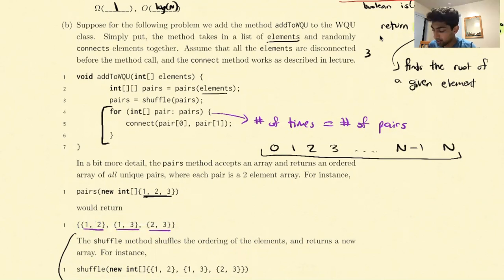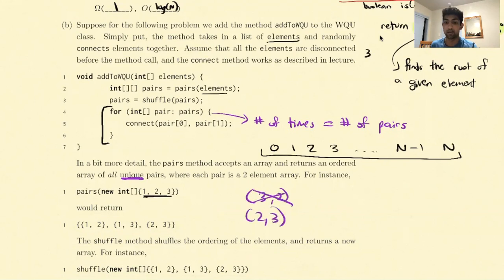What I mean is that in all the pairs, if we ever have a pair x, y, x is always less than y. The reason we can make such a claim is that the pairs method returns an ordered array of all unique pairs, which tells us that the pair 3, 2 will never exist if 2, 3 is already there because we have unique pairs.